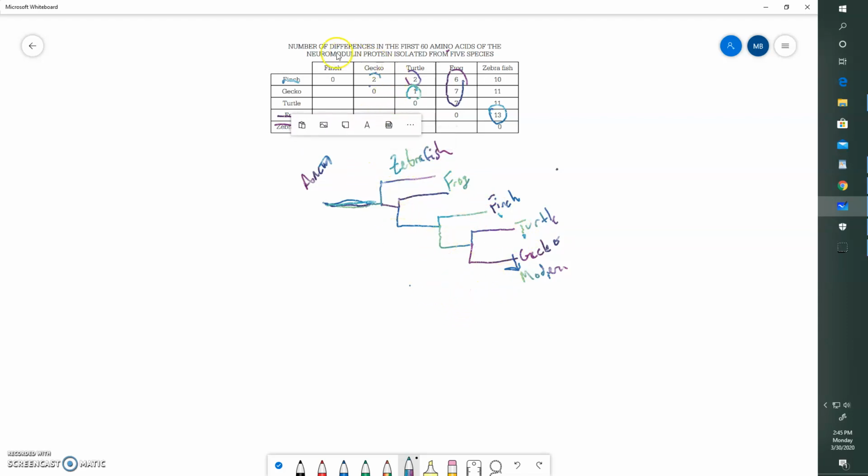So these problems are more like logic problems than anything else, but you're looking at the interrelatedness between species, you're looking at shared characteristics. You can do DNA sequences, you can do proteins, you can do just shared characters, whether or not they have some sort of shared character like the lungs or the vertebrae.